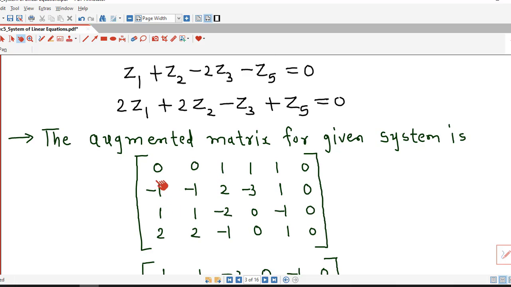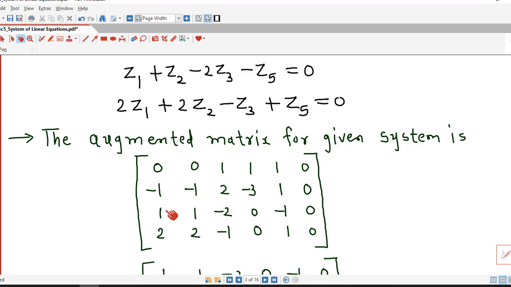We can see here the first non-zero entry of the first row is 1 and the first non-zero entry of the second row is -1. So the first non-zero entry of the second row is not to the right of the first non-zero entry of the first row. Therefore we have to interchange the first row with any of these three rows.